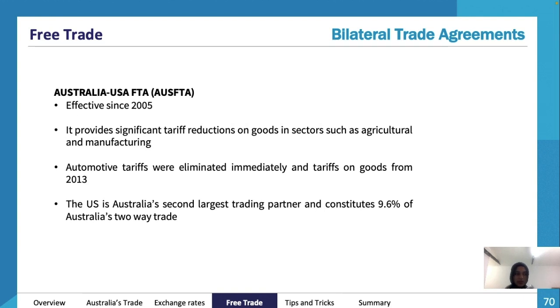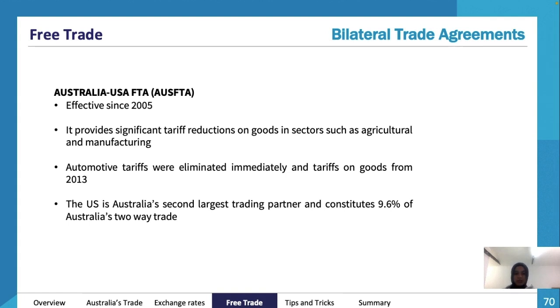Another example of a bilateral trade agreement that is quite prominent is the one between Australia and the US. This has been effective since 2005. It provides significant tariff reductions on goods in sectors such as agriculture and manufacturing.